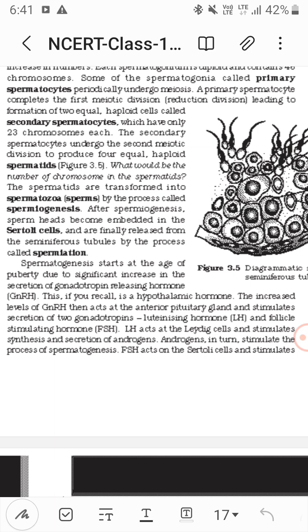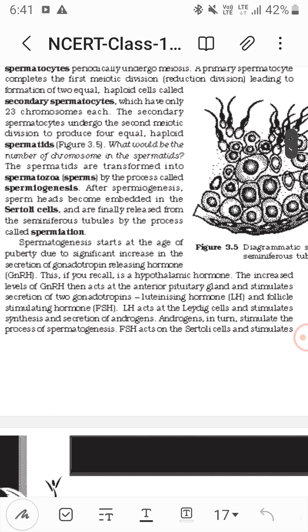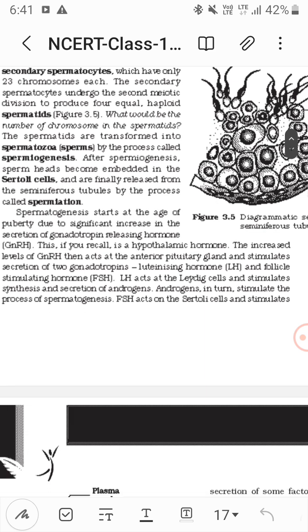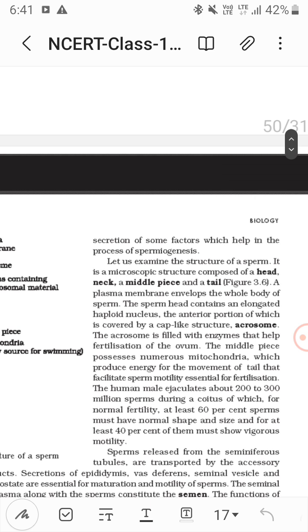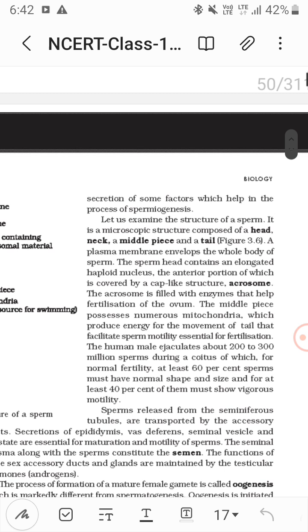LH acts on the Leydig cells and stimulates the synthesis and secretion of androgens. Androgens in turn stimulate the process of spermatogenesis. FSH acts on the Sertoli cells and stimulates the secretion of some factors which help in the process of spermiogenesis.